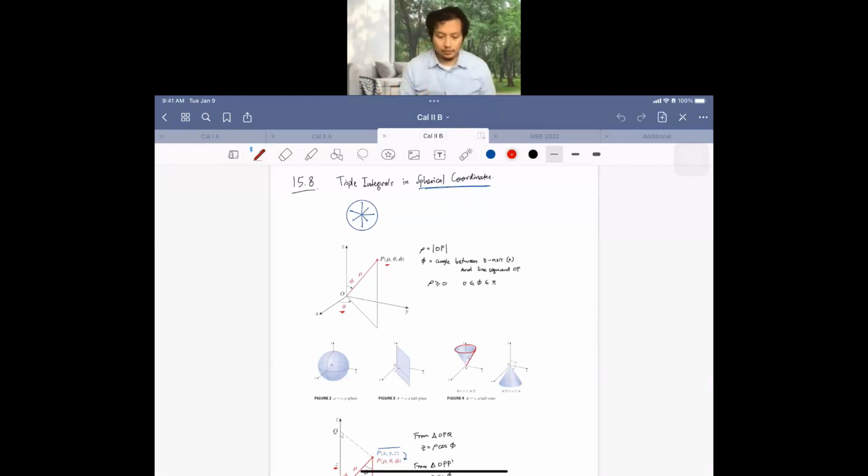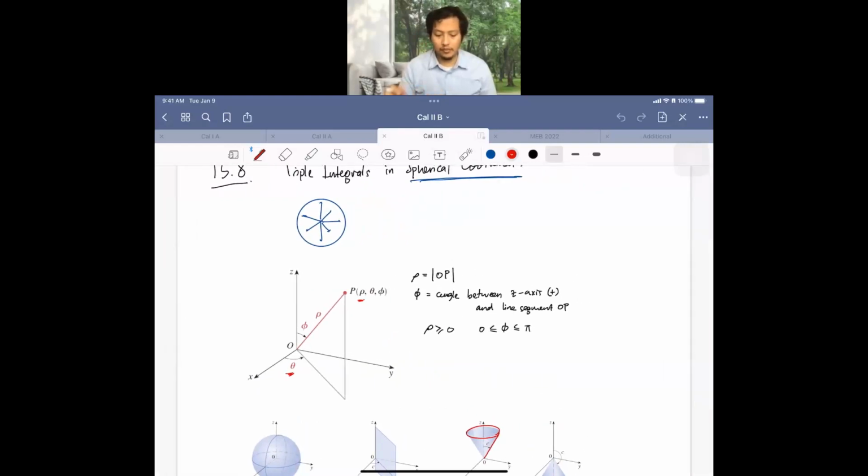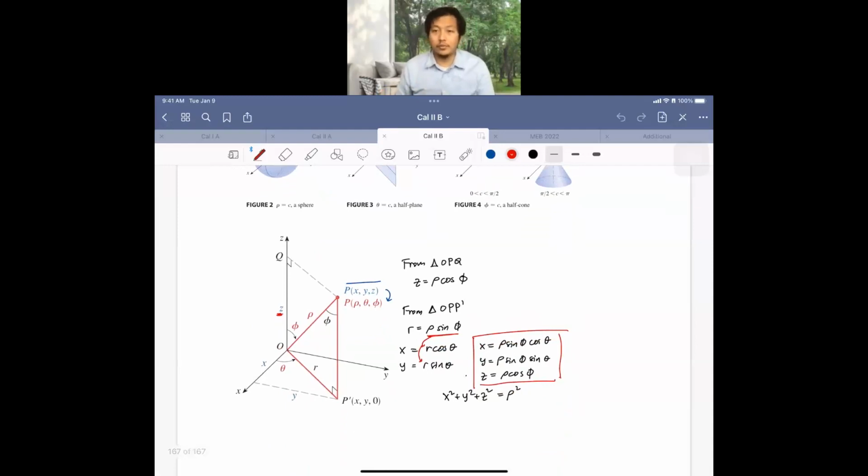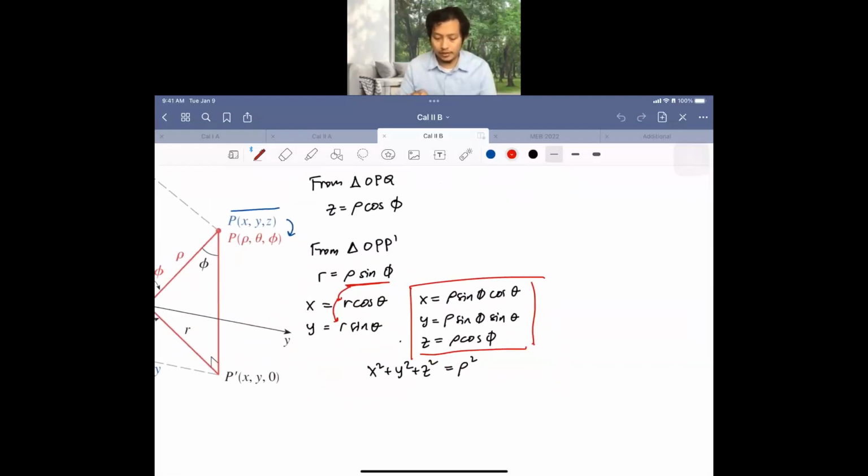As you can see, we now have a new coordinate system called spherical, and we can convert our traditional rectangular xyz into spherical, which means that if we have xyz, we can convert to rho for the radius, then the angle theta, and then the angle phi. And here are the conversions.